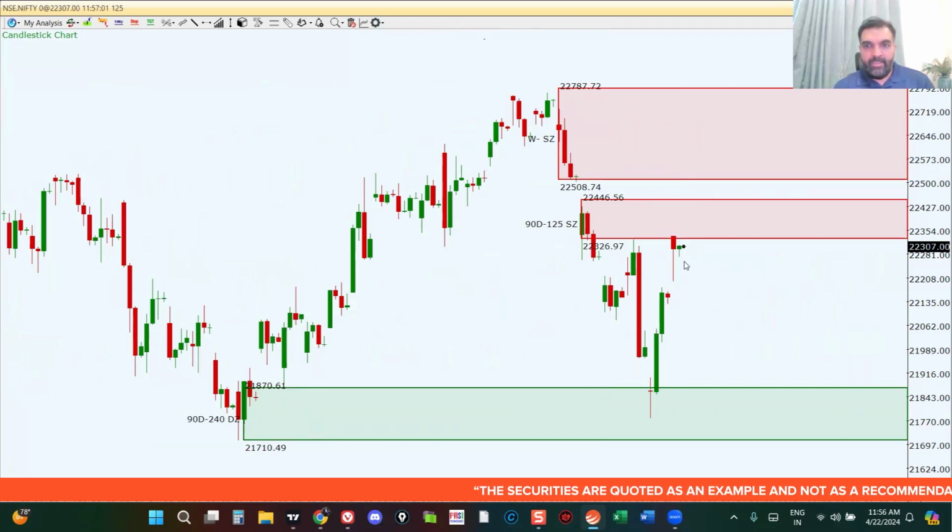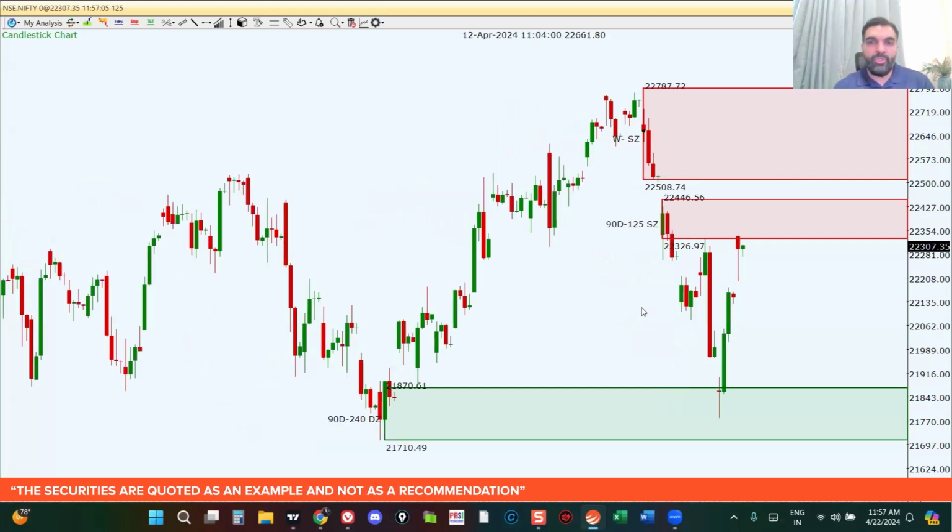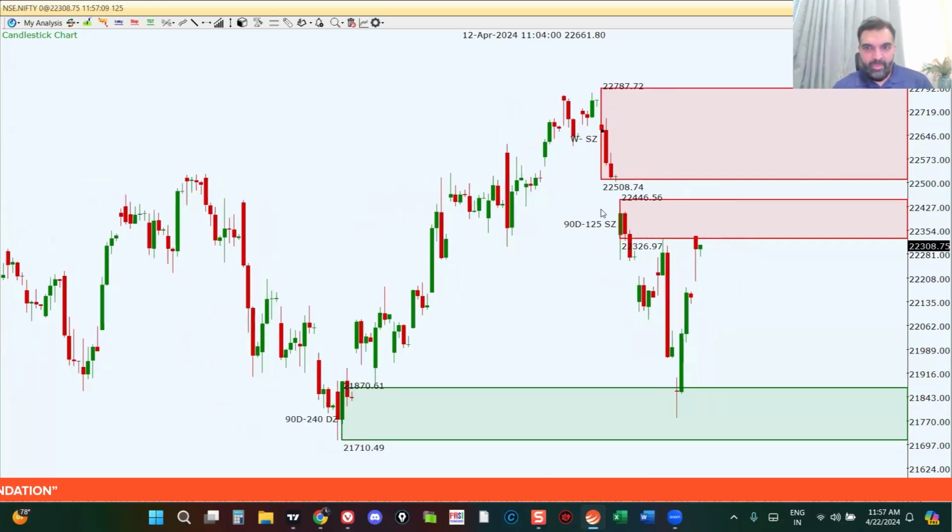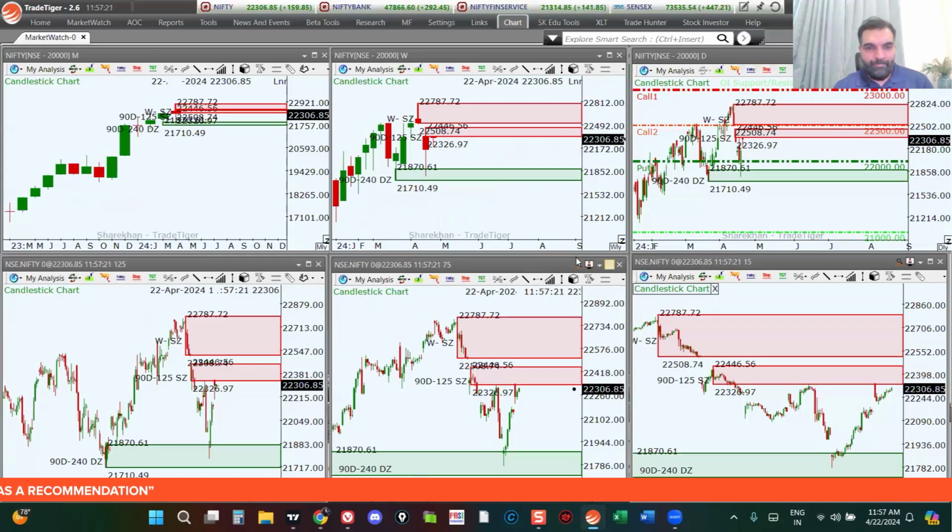And it seems like the trend is more likely to be pushing more towards the upside, and we might see 22,500 being tested sooner or later. So let's keep a close watch on the Nifty and let us see if 22,500 comes first, or we get a reversal from 22,300 and market starts to move further down.